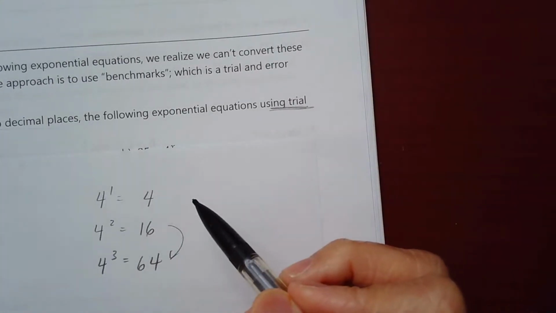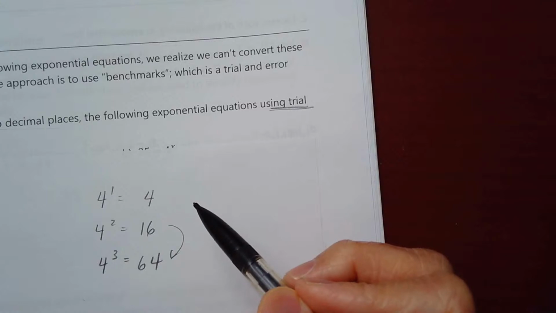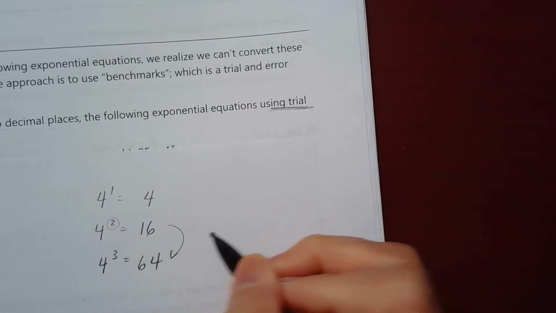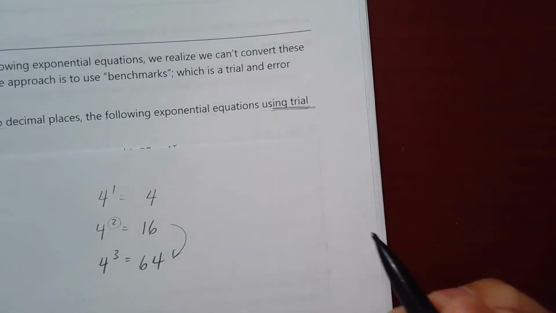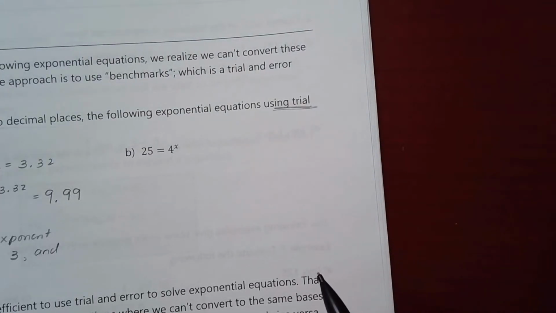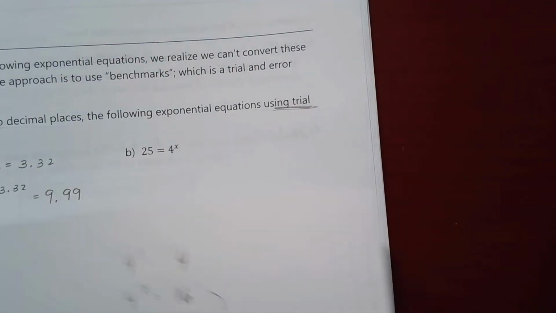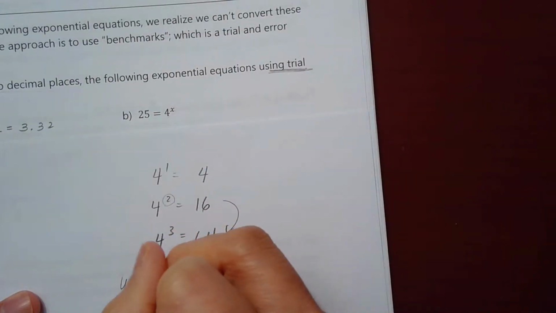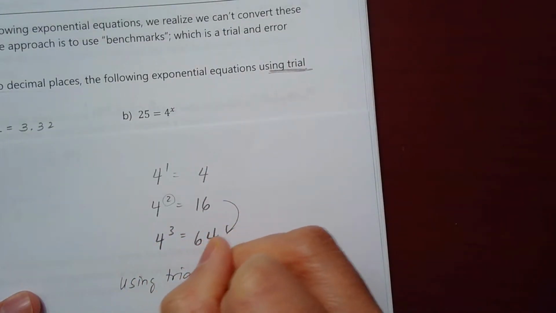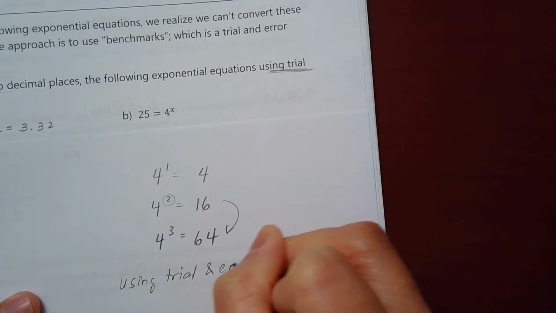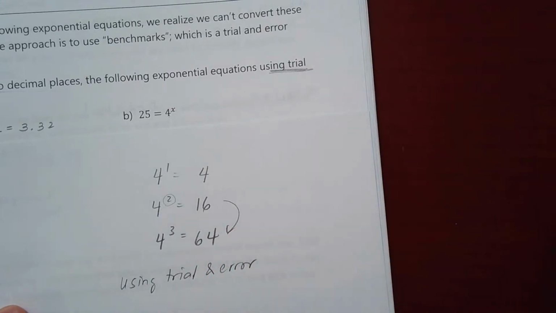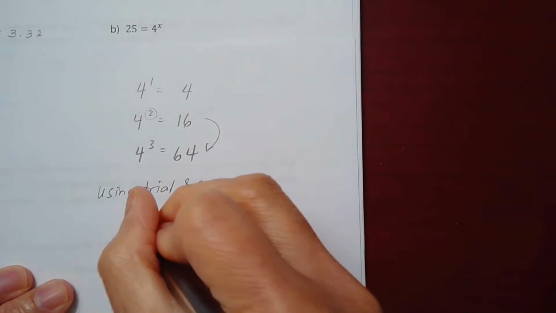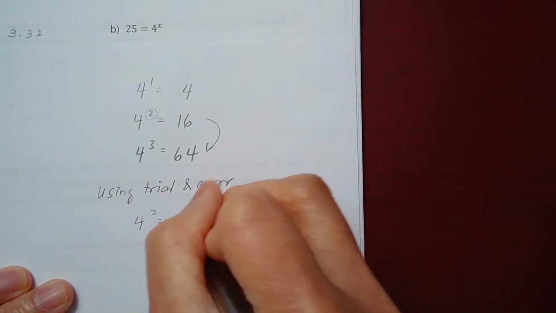So what we're going to do is try to figure out, it's going to be 2 point something to get close to 25. So let's just do trial and error in here. Using trial and error, we know 4 squared is 16, okay?